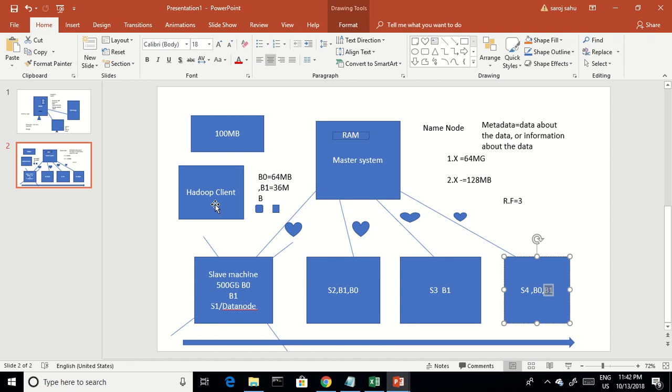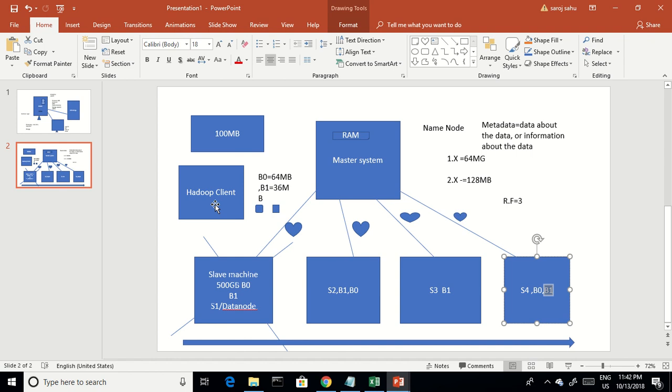I'll tell you internally how both blocks are combined and who is doing that. Another master machine comes into the picture and does all the job processing. That is called the job tracker. I'll discuss all those things in my upcoming sessions.